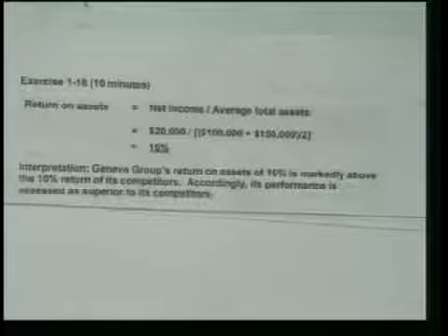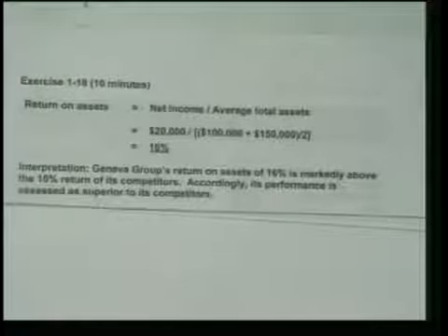Okay. Now, we have to look at other ratios, right? Just like when you go to the doctor, you can't just get one part of yourself analyzed and ignore everything else, right? Okay? And you also have to make sure that, like in this case, we compared this ROA to its competitors. That's a good comparison, right?